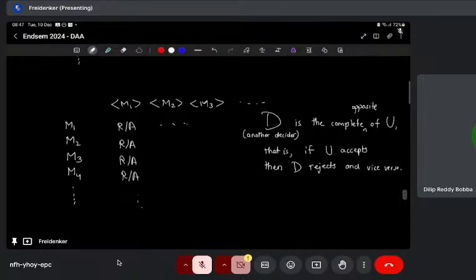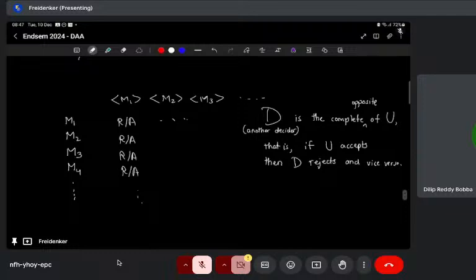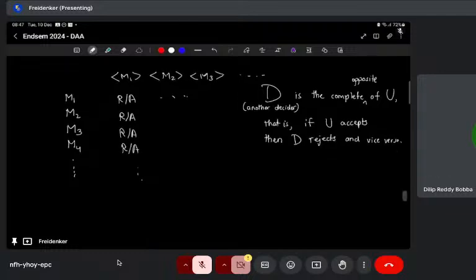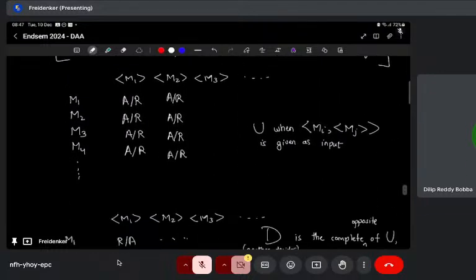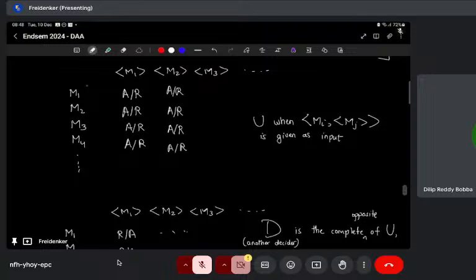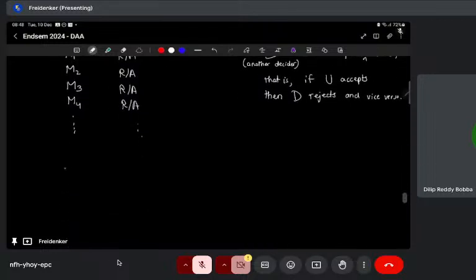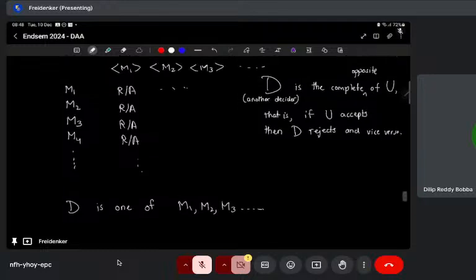Now what is going to happen? Let's see. D is a decider, so D is a Turing machine in itself. If D is a Turing machine, that would mean D will appear among M1, M2, M3, and all, since they are Turing machines.